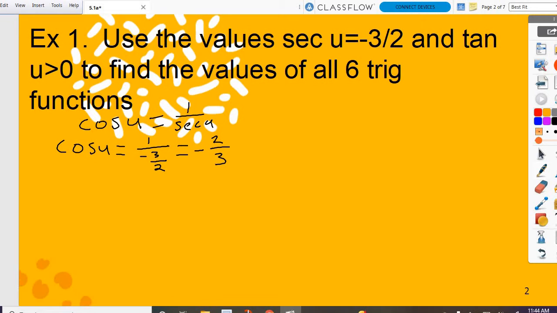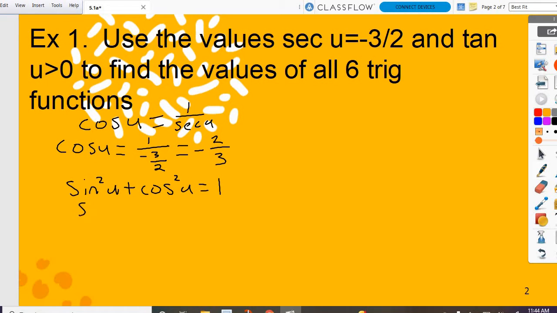So what's another trig identity that has cosine in it? Sine squared theta plus cosine squared theta equals 1. Agreed. So if we know cosine squared, can we use that to find sine?